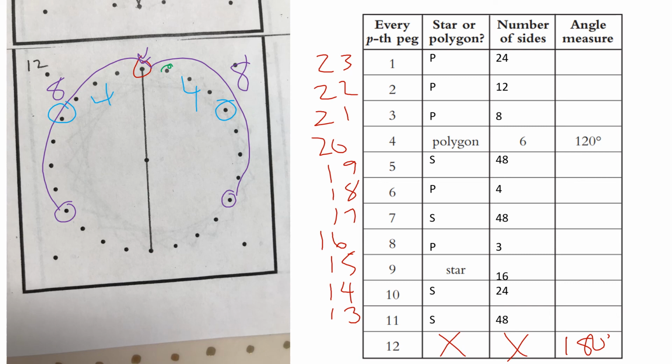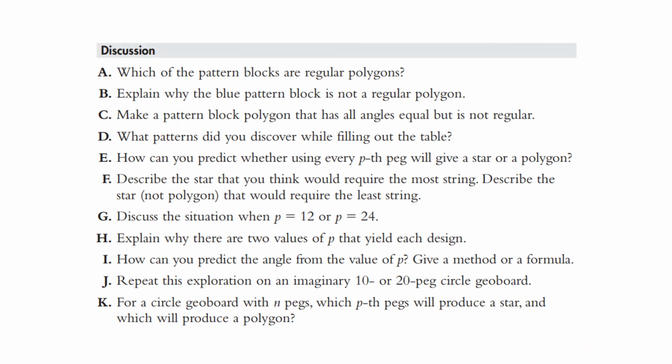There were some discussion questions. Everybody had to pick letter D, and then you had the option of what to do from there. So I will show those next. So again, everyone had to choose letter D, and that's just the patterns that we found while filling out the table. So we just talked about a lot of those. And then you had to do 5 total, so D and 4 more.